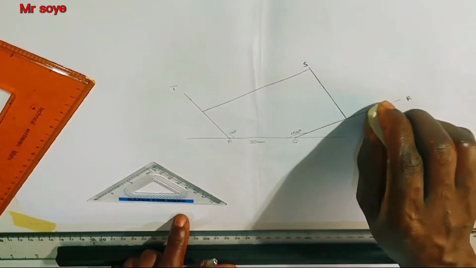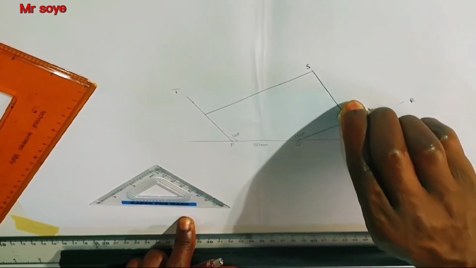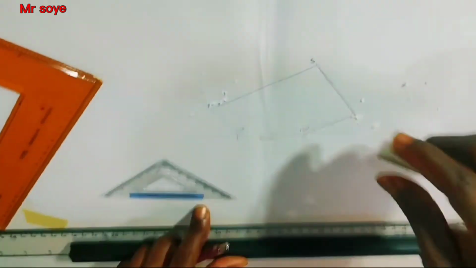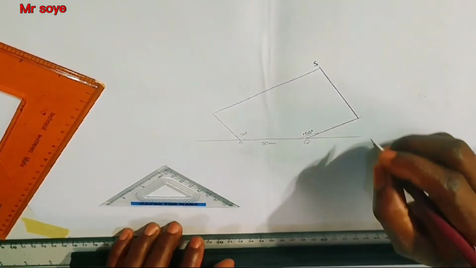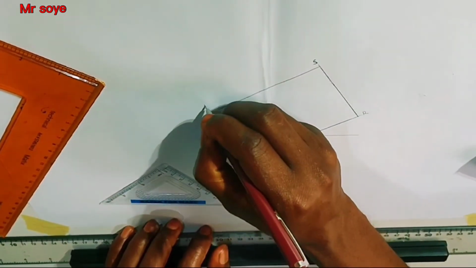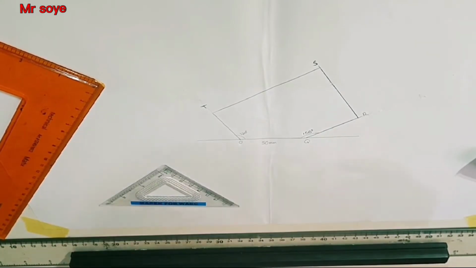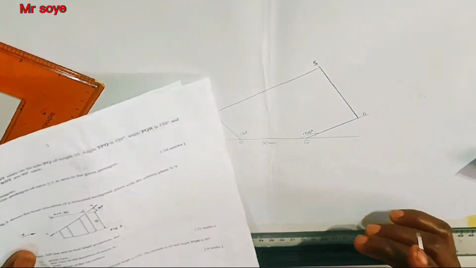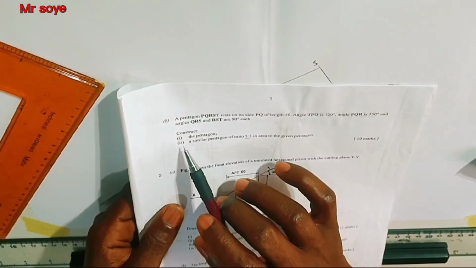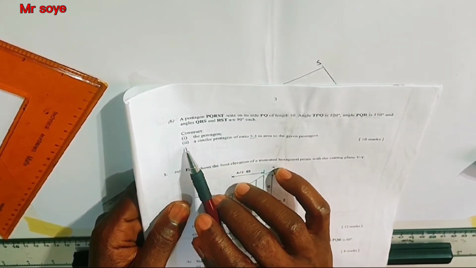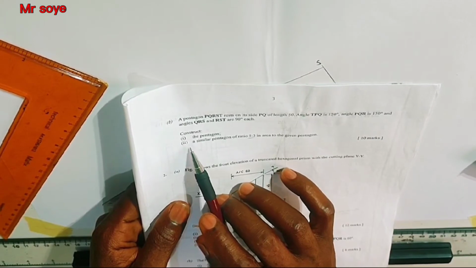So what next is to, this is RT. So now this is the pentagon. Then we've done question 1b. Then we are moving to 2.